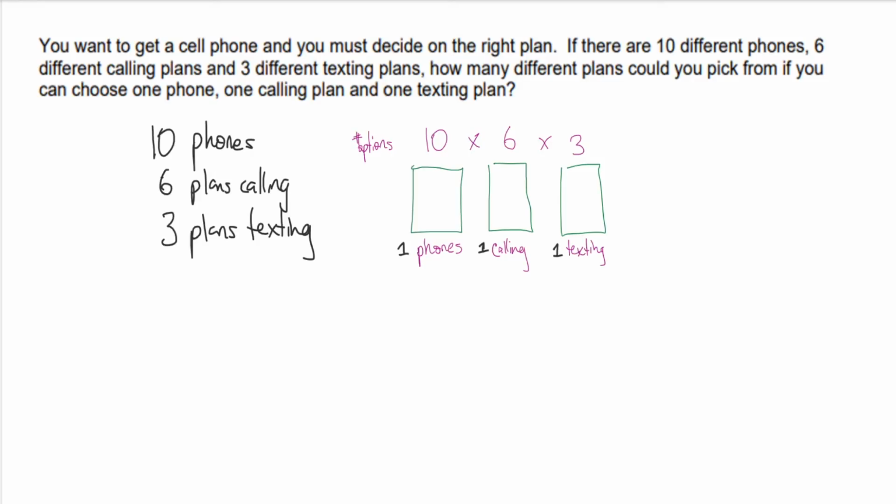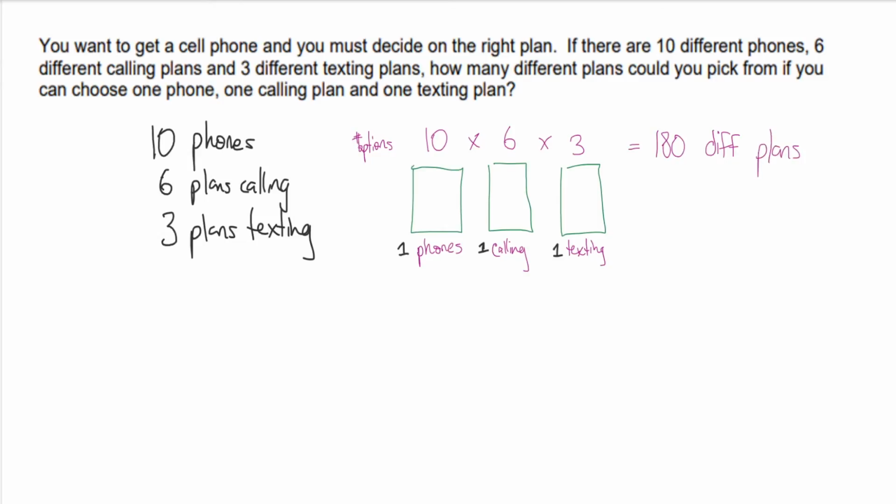This is something that you do get a better instinct for, but these are concurrent events in a certain occasion and are independent events, okay? But this is really just a counting problem. So our answer is 10 times 6 times 3, so 60 times 3, so 180, right? Okay, so there are 180 different plans.